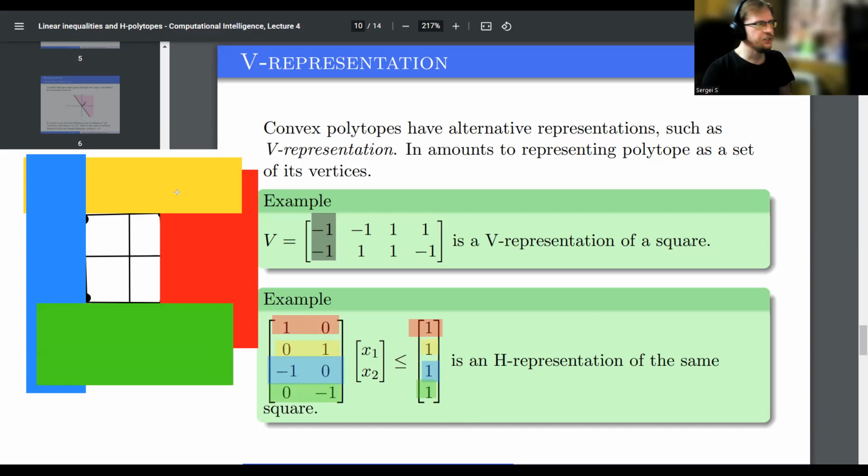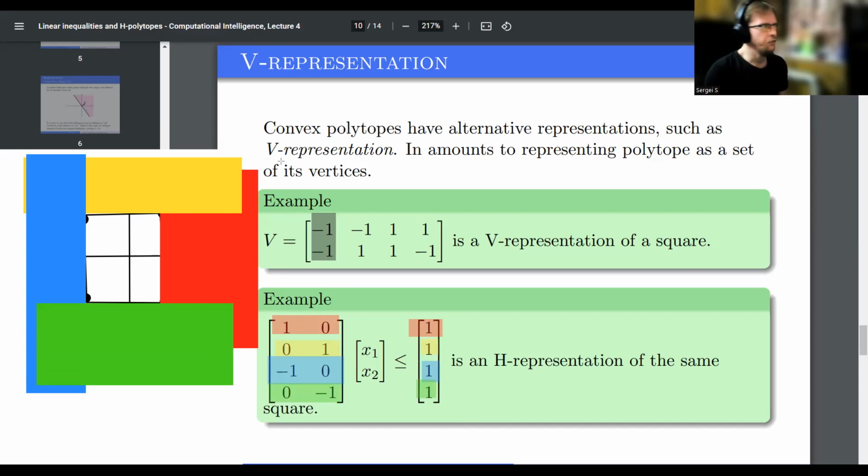So you can see V representation and H representation are quite similar. But H representation usually, not always, but usually corresponds to the faces, where V corresponds to the vertices. Quite often the number of vertices would be very different from the number of faces.